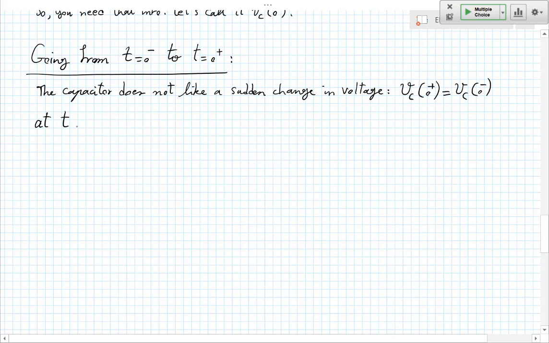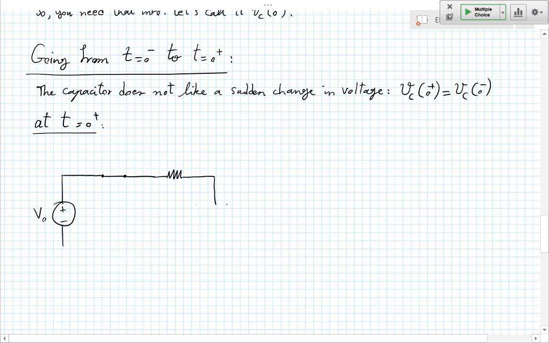At t equals 0 plus, the circuit looks like this. You have the voltage source. We have the switch that has been closed. So I'll just draw it like this. It's still there, but it's been closed, so it's effectively a wire. Have the resistor, the capacitor.